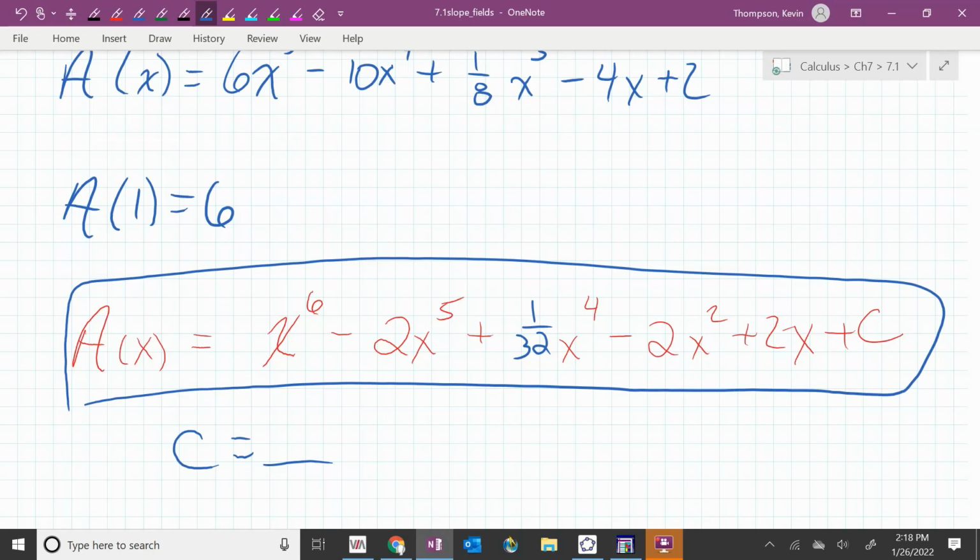Do you have C yet? What is it? 7 minus 1/32.